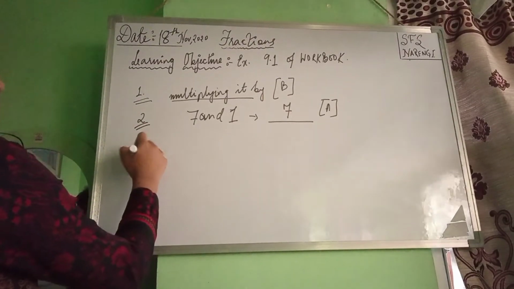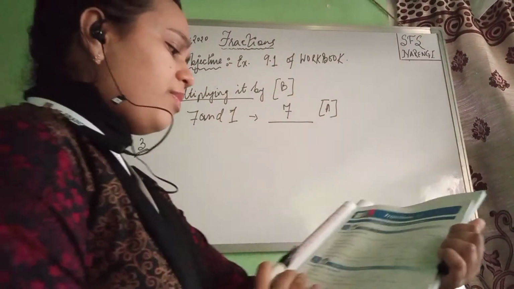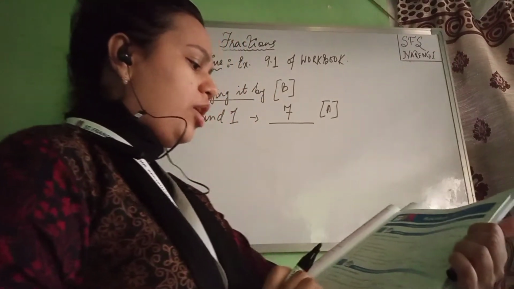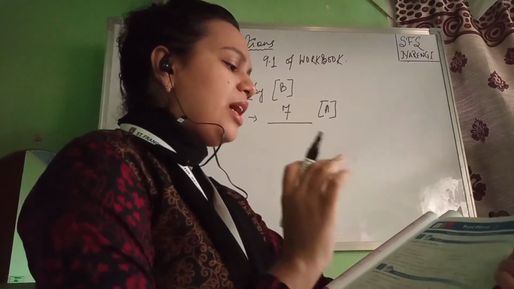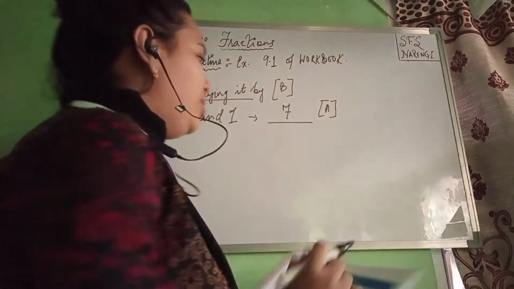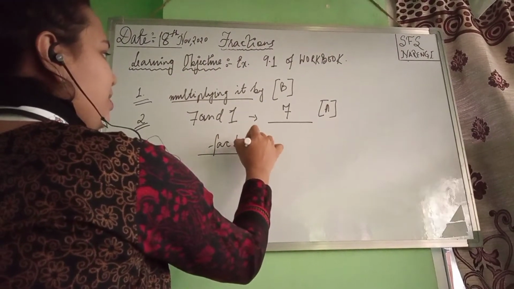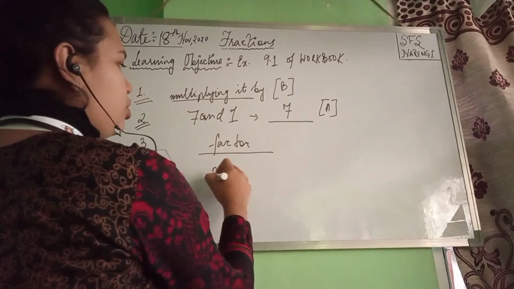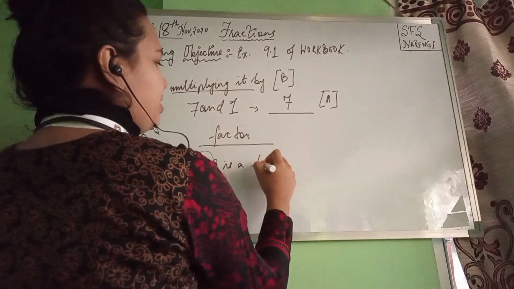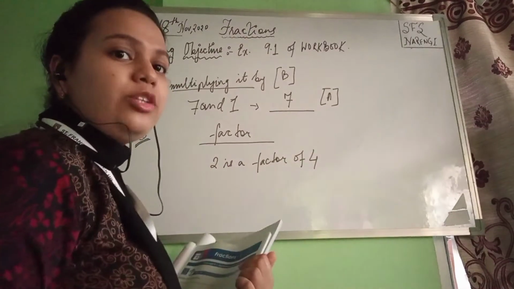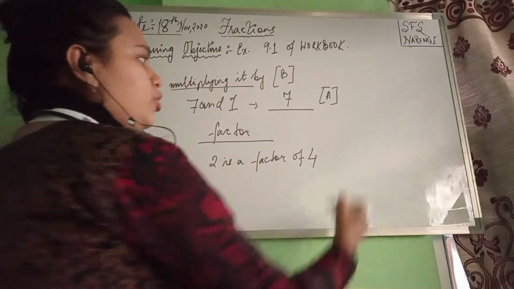In question number 3, the numbers that divide a given number exactly are called factors. Why factors? We all know that 2 is a factor of 4, right, children? How do we know that?